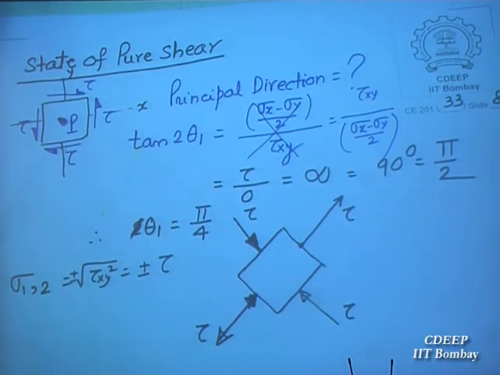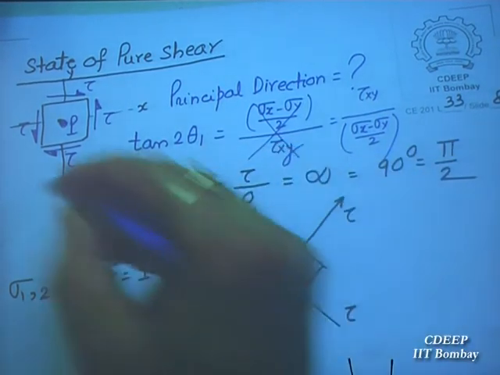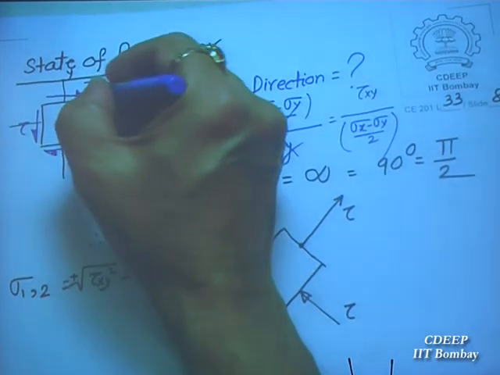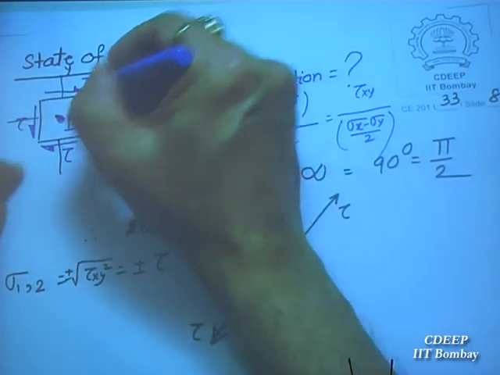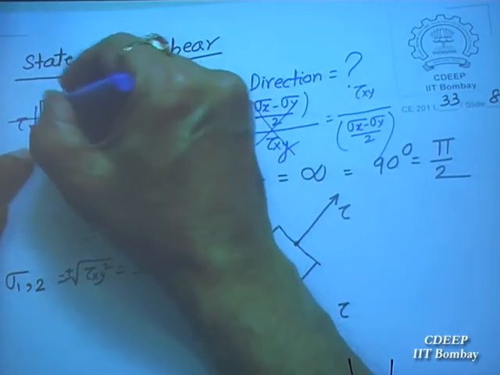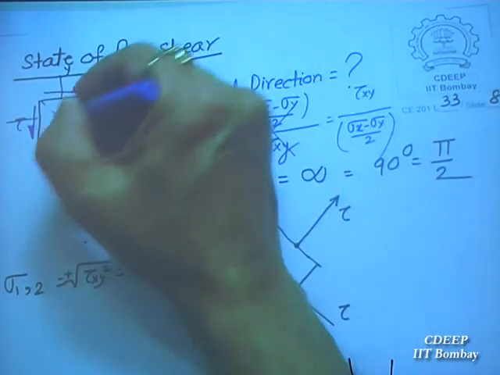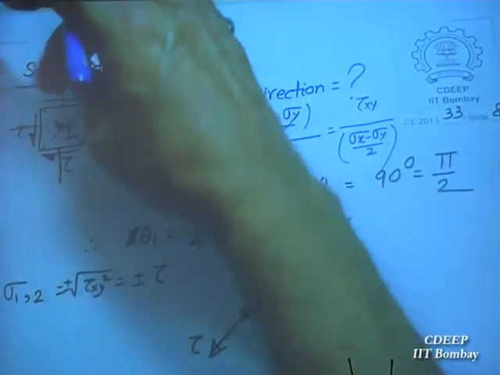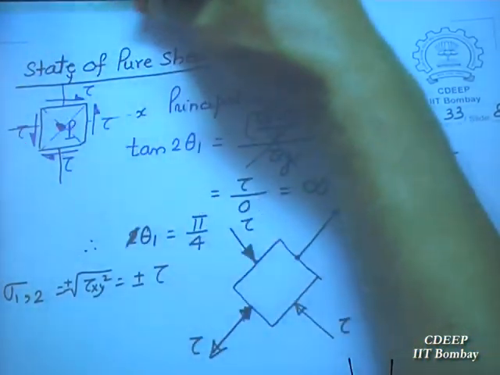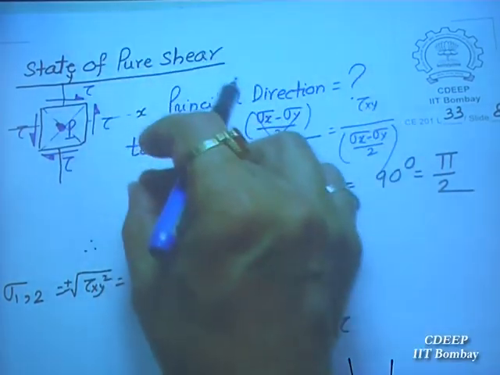I can say why it should be like this. See, this element, because of this edge, this diagonal and this diagonal, both sides here also shear, so it will be under tension, and this will go inside.